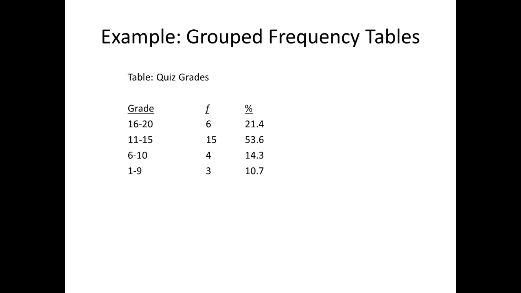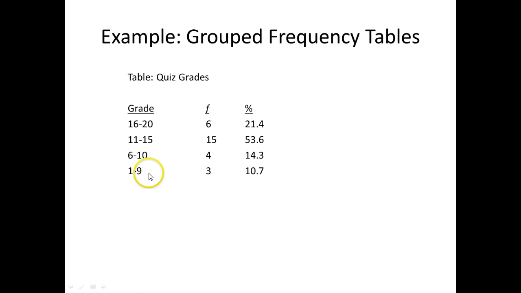Let me show you. Say, for example, I have quiz grades that range from 1 to 20. Now I could create a frequency distribution table with one number for each category, but I'd have 20, 19, 18, 17, 16, 15, 14, all the way down.